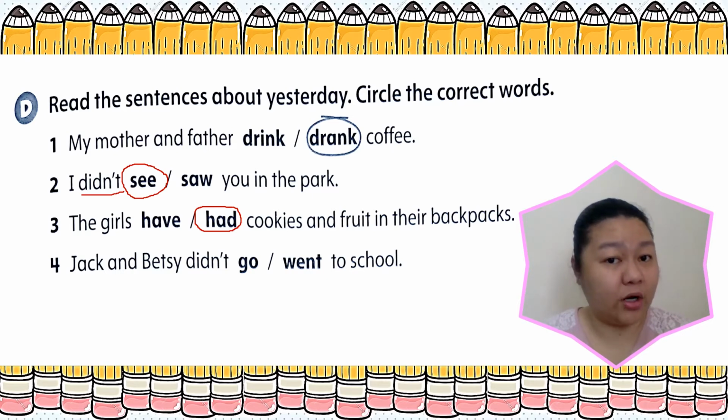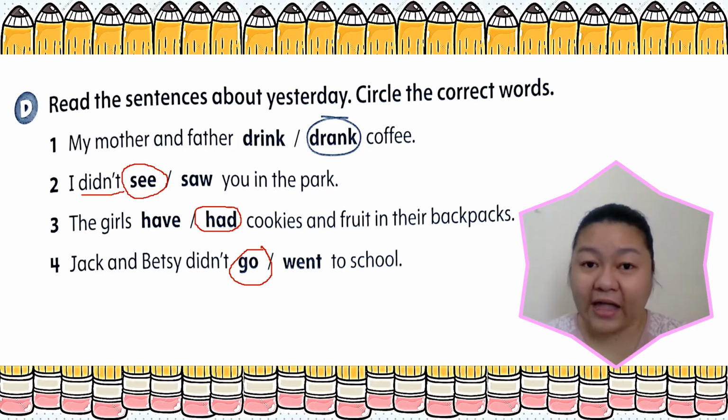Now, number 4. Can you all read and answer it together? Jack and Betsy went to school. Now, who can answer? Why is the answer go?